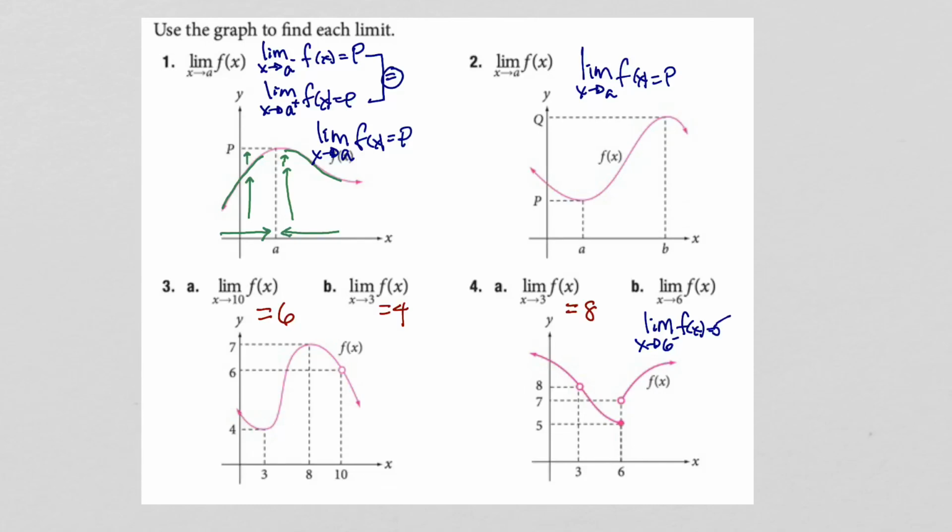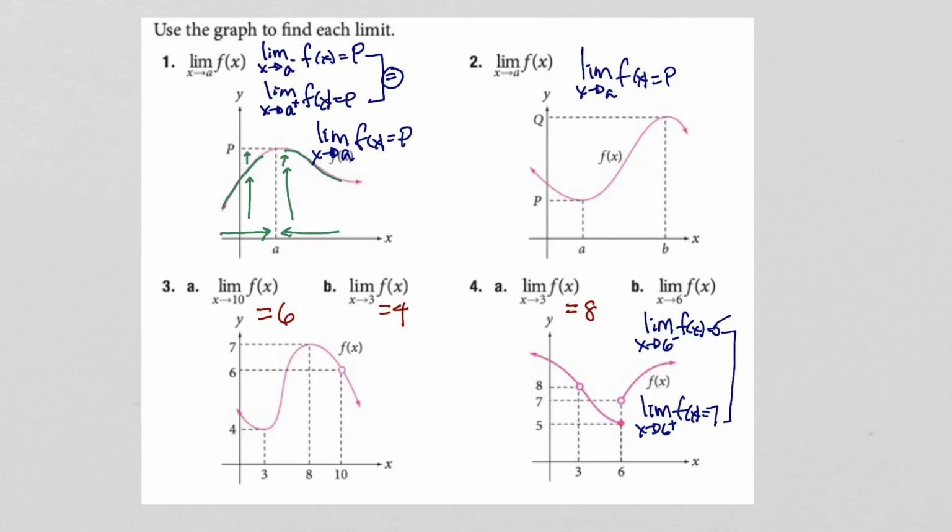And then as we approach from the right side, you're traveling along the curve from the right, and you're descending toward what number? The closer and closer you get to 6, you're descending toward 7. So as we come in from the right, we're approaching 7. I'll write that like this: the limit as x approaches 6 from the right side of f of x is equal to 7.